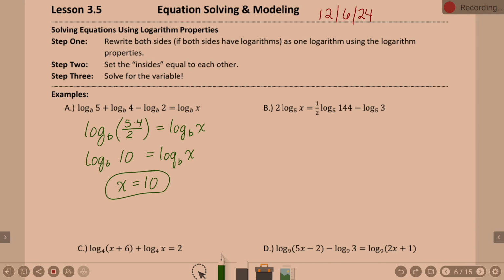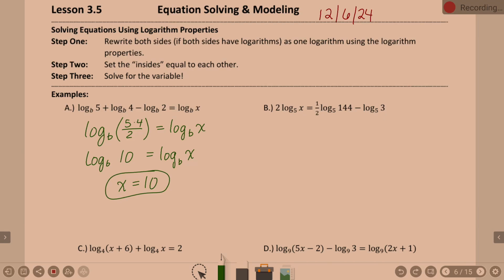Does plugging a 10 into the original equation ever make a log negative? No, because the only place you plug it in here is log of 10. 10 is fine. But you have to have in the back of your mind that I need to be checking for extraneous solutions. That was the easy one to get us started. Ready for B?